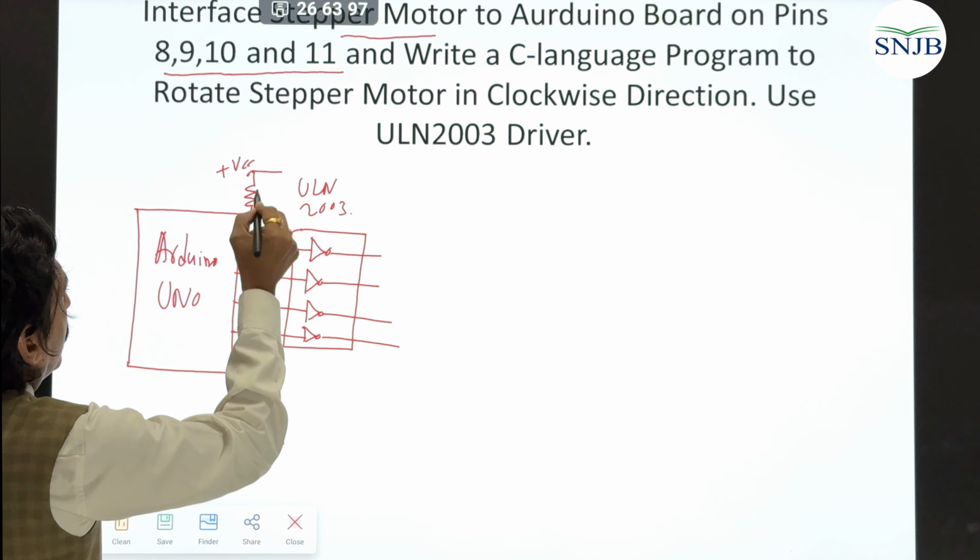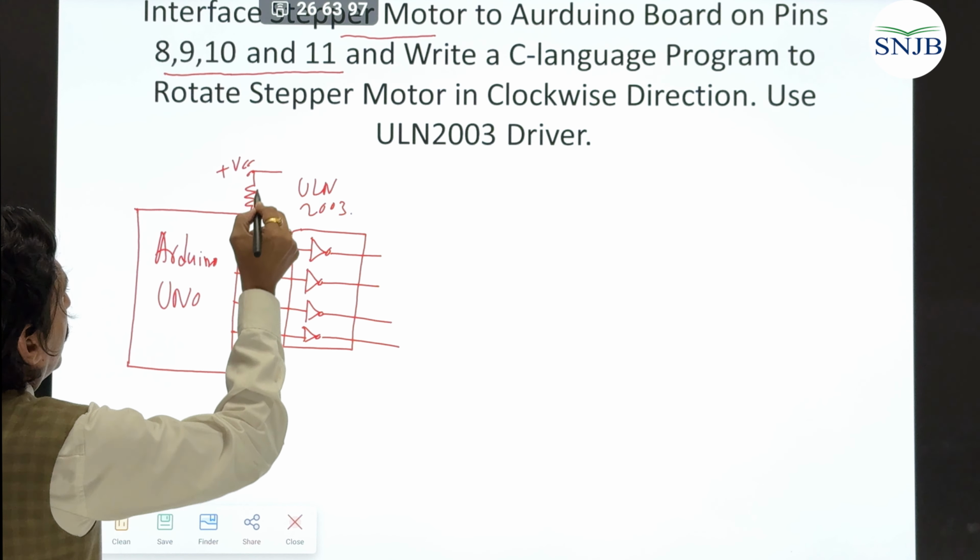In void loop, for infinite time, we are going to perform the operation of digital write. Which pin? Pin number 8 to high, and the rest of the pins to low.